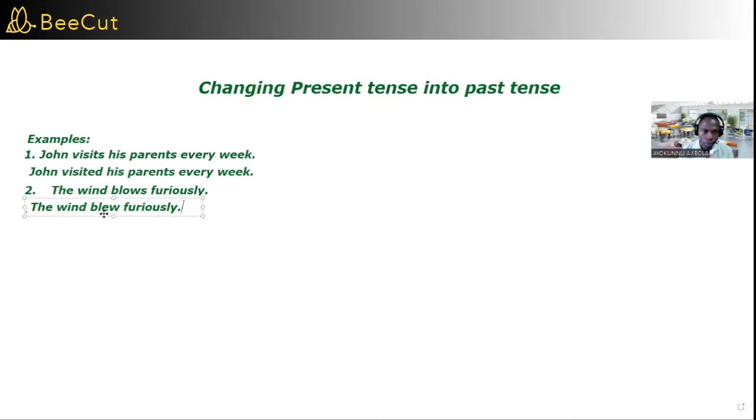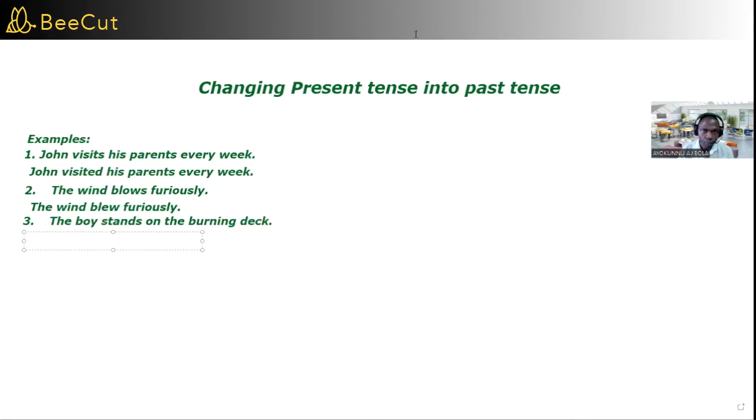And the third example we're going to look at is: the boy stands on a burning deck. To change this to past tense, burning is a verb form, but it has nothing to do with what we are changing.